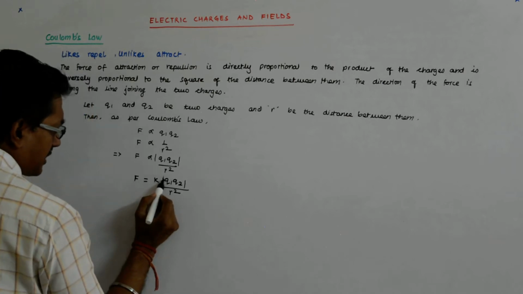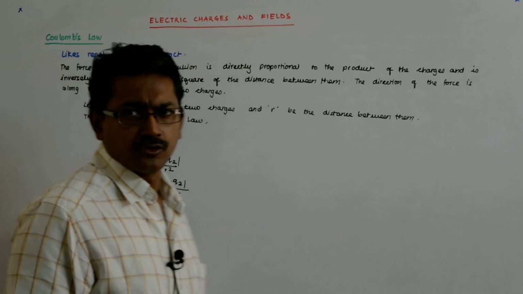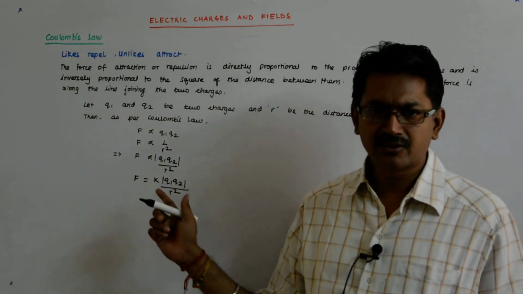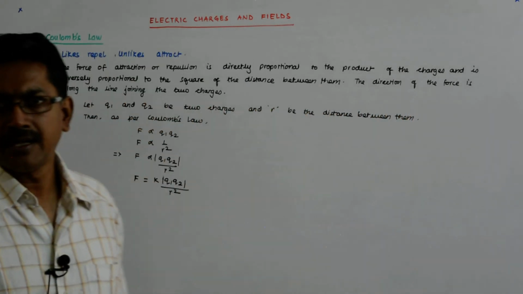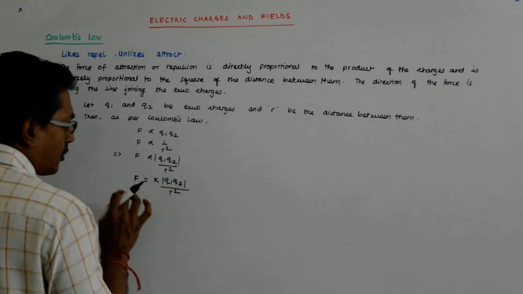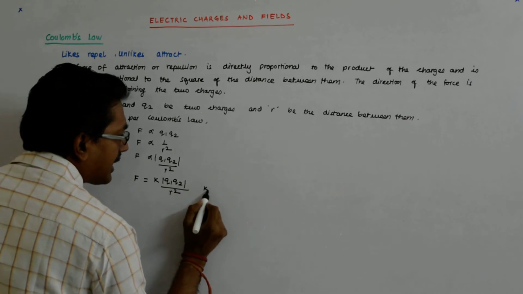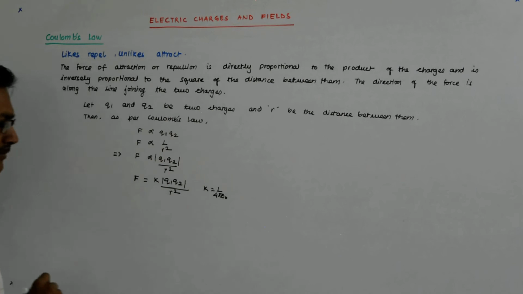It is mod Q1 Q2, because this is mod, so K is positive, R is positive, this is positive. Q can be positive or negative. If one is positive and the other negative, the product is negative, and we'll see what that denotes. So it is Q1 Q2 upon R square, and K is equal to 1 upon 4 pi epsilon naught.